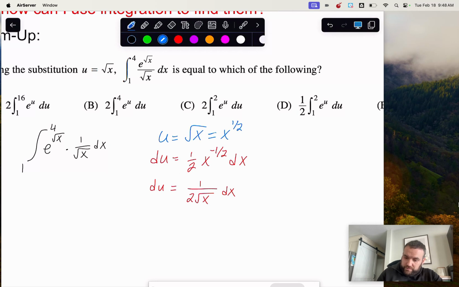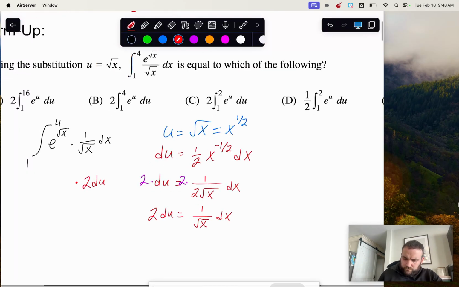So I'm going to multiply both of these by 2, and that would give me 2 du is equal to 1 over root x dx, which is a perfect match for what we have right there. So that portion is going to be multiplied by 2 du.